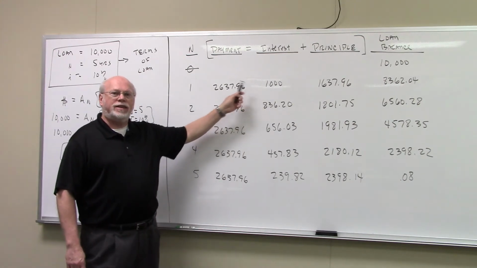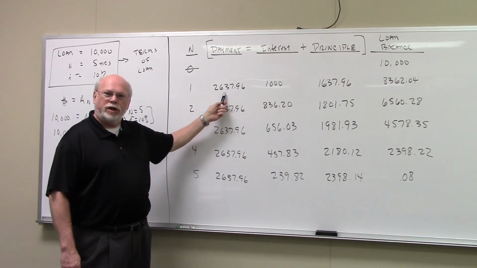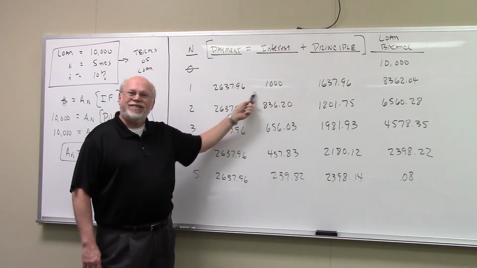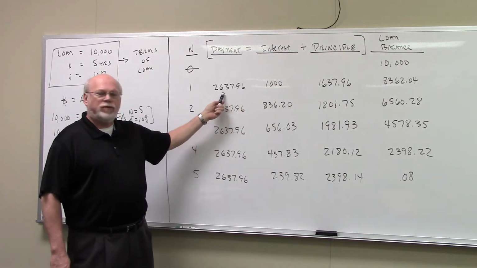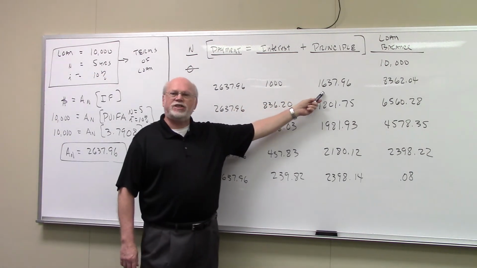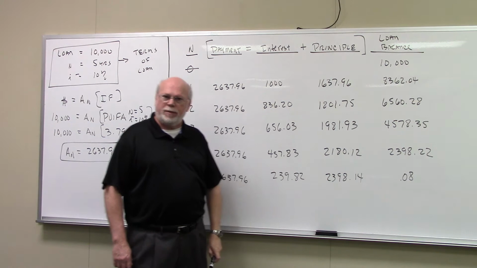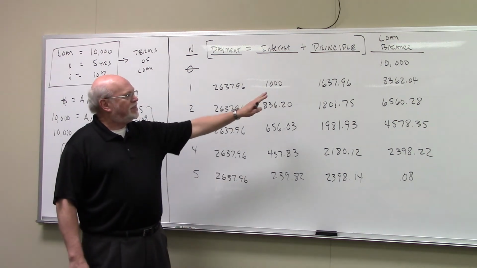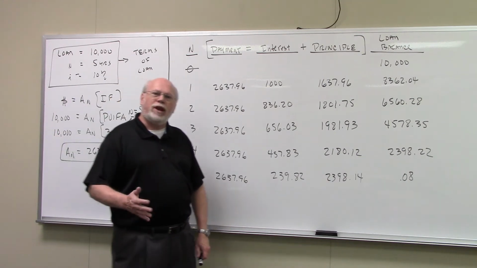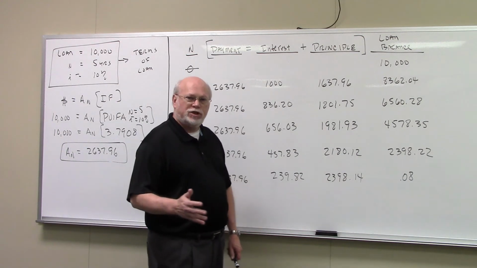So we know that $1,000 of this payment, which we already know, is interest. The difference, $2,637.96 minus 1,000, that has to be the principal portion of the first payment, which turns out to be $1,637.96.